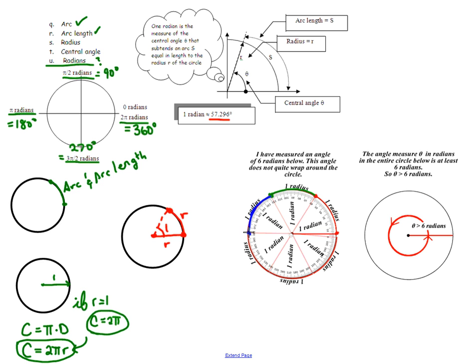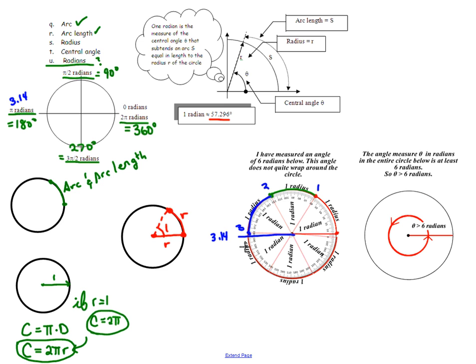I would be just shy of 3.14 radians. 3 and some change. So here's 1 radian, here's 2 radians, here's 3 radians. 3.14 radians actually makes up my straight angle.